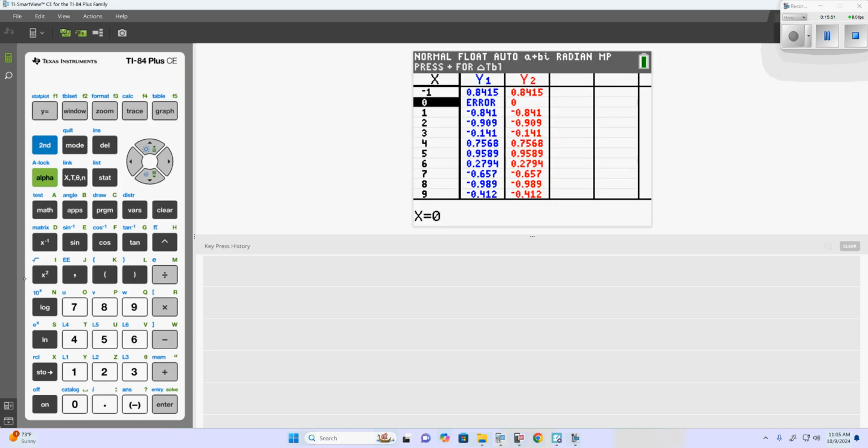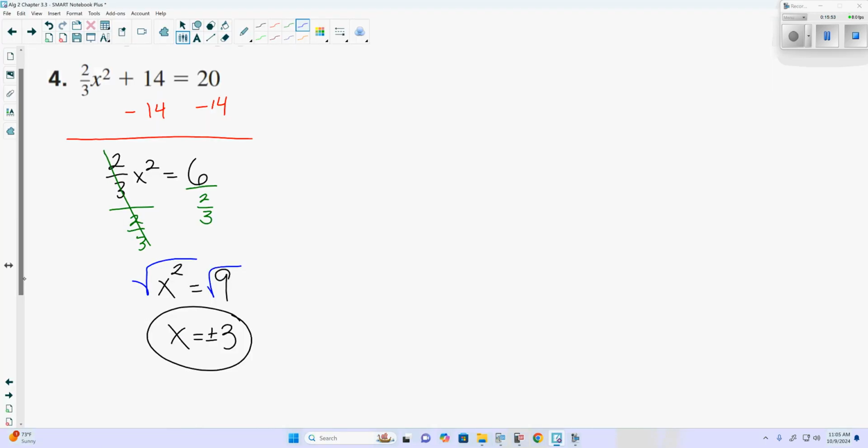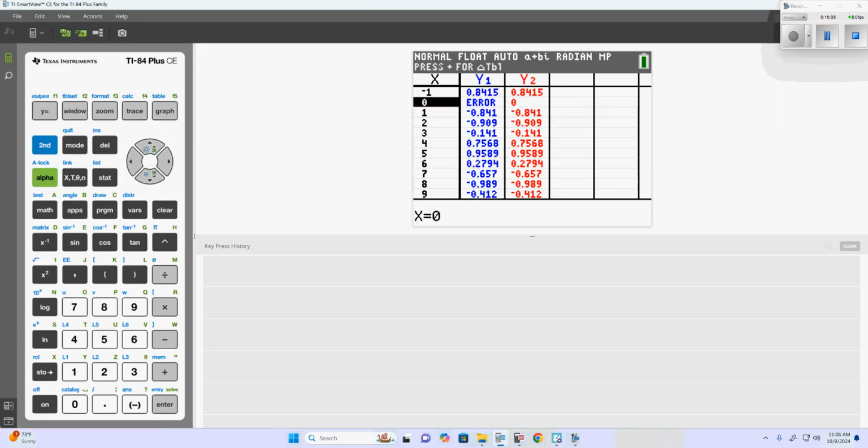Now I'm going to pull the graphing calculator up. Because here, if we subtracted the 20 over, we got it equal to 0. We had 2/3 x squared minus 6 equals 0.